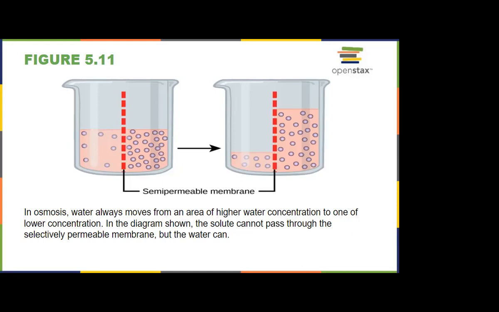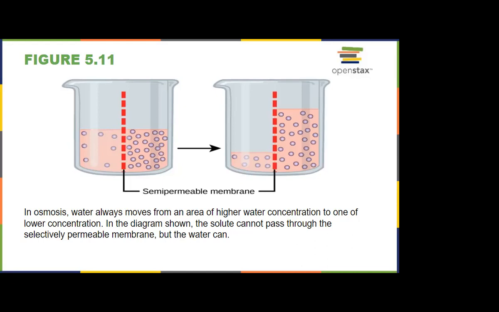So if I give you the following restriction, that solute, those purple spheres, cannot cross the membrane because they're too big. The pores of that artificial membrane are too small to let it pass. But it lets a 3-atom water molecule pass. So water can undergo osmosis in either direction.